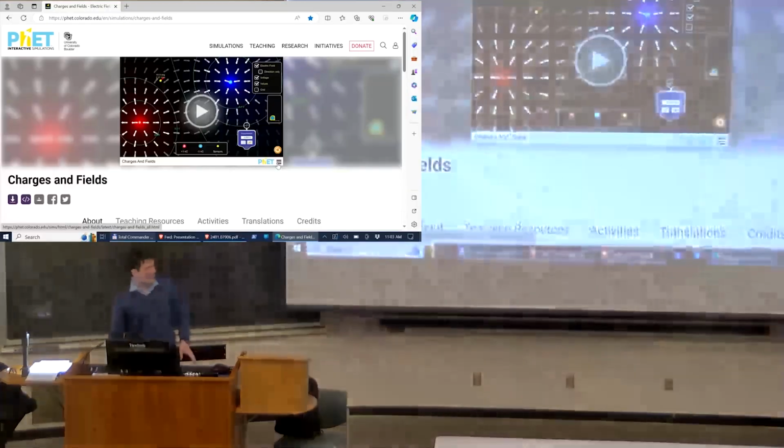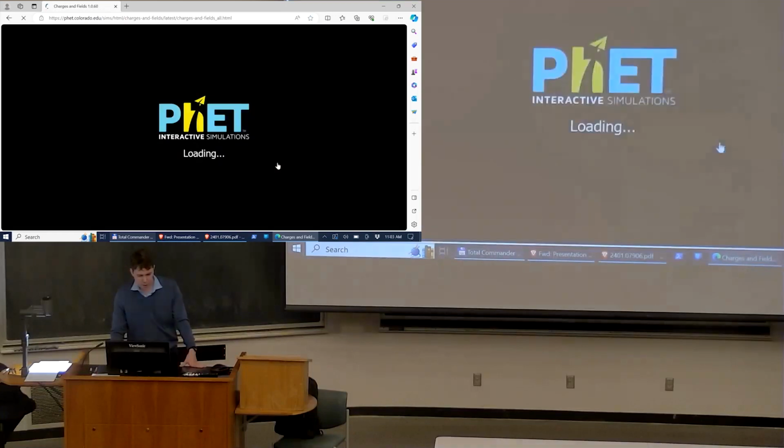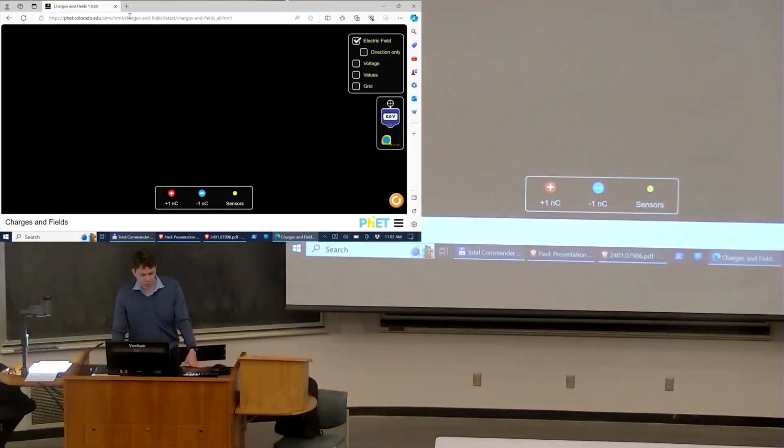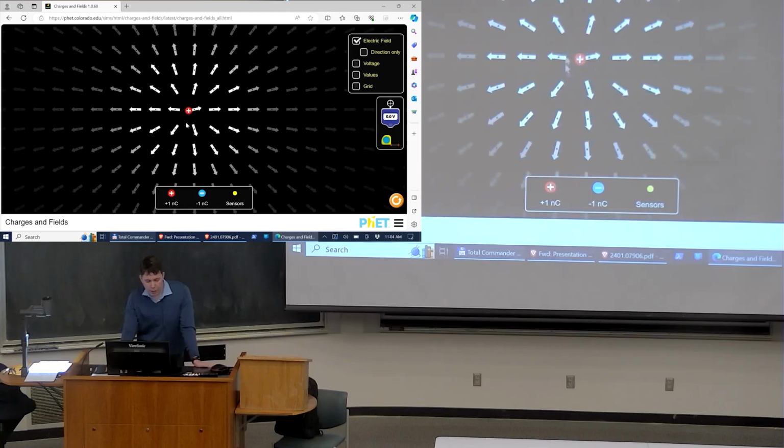But there are certain graphical conventions that allow one to illustrate electric fields. So this is a simulation in what is called FED. It's on the website of University of Colorado, and they've got a library of such simulations. So this is an illustration of an electric field. So let's say we've got a charge here, it's +1 nanocoulomb.